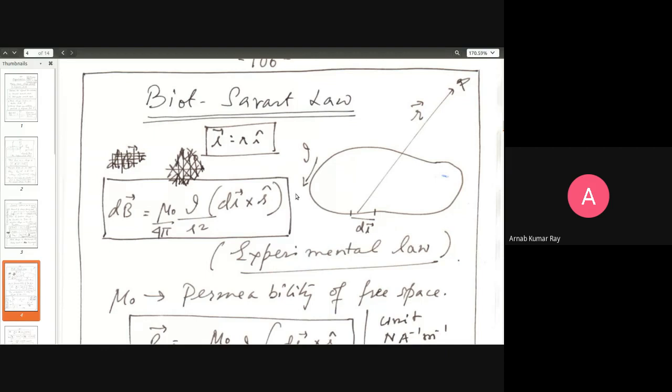Let us try to understand the similarities and differences of this equation with respect to the Coulomb force in electrostatics. In Coulomb, you have the electric field due to a point charge, and here you are looking at a magnetic field due to a small line segment containing a current. Remember, a point charge is a zero-dimensional object, whereas this is a small one-dimensional object, a line segment.